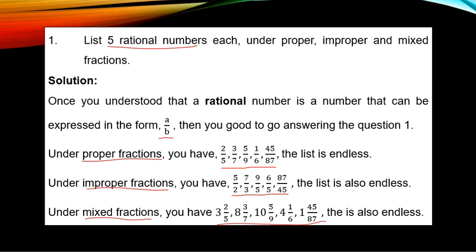So the list is also endless. Now you should understand that what I have here and your own might not be the same. In fact, it's not possible for us to have the same answer, but the bottom line is your answer should be in this form. So just compare your own with what you have here.